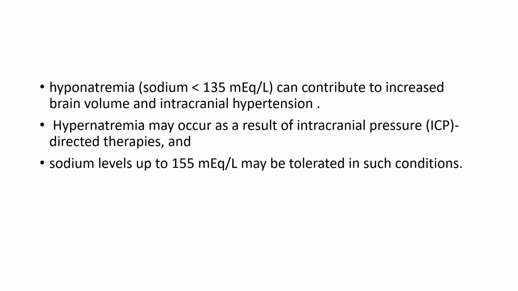Hyponatremia, that is a sodium level of less than 135, can contribute to increased brain volume and intracranial hypertension. Hypernatremia may occur as a result of intracranial pressure directed therapies. So a sodium level up to 155 may be tolerated in such conditions.